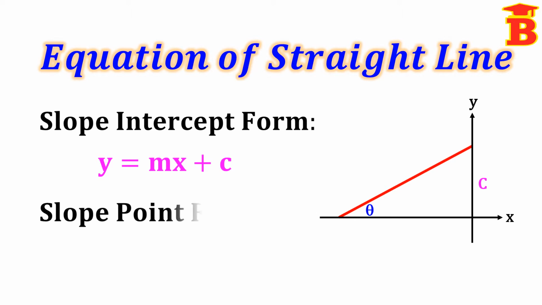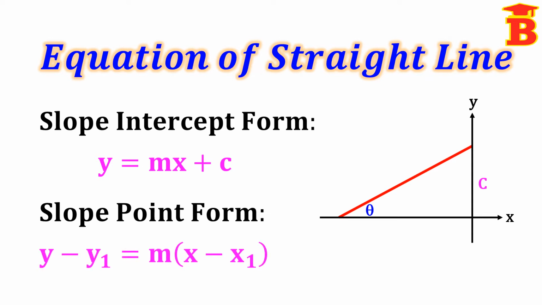Next, slope point form. Here the formula is y - y1 = m(x - x1). Here also m is the slope and (x1, y1) is the point on the straight line.